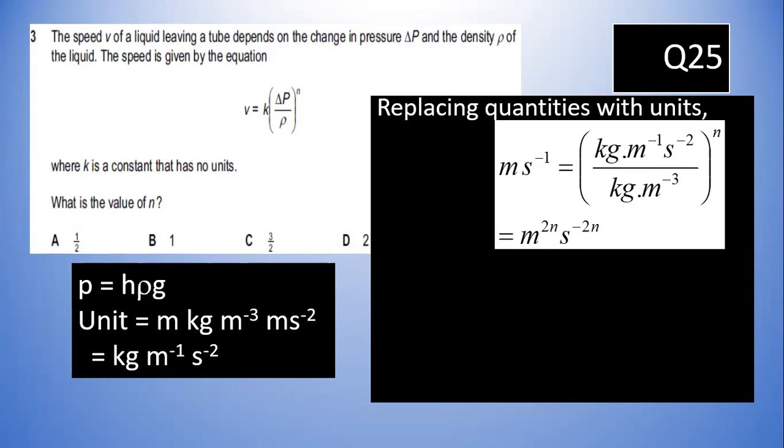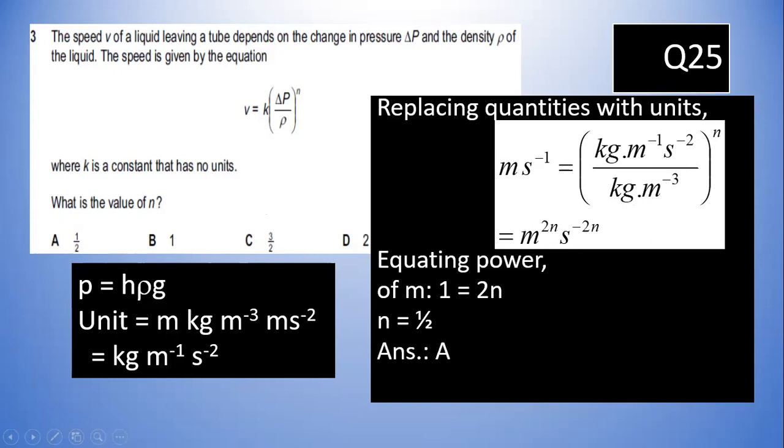So equate them. Remember, m is understood to have a 1 there, or you can equate the power of s, same thing. 1 equals the power n, so n is a half. So answer A, sorry, A, not C.